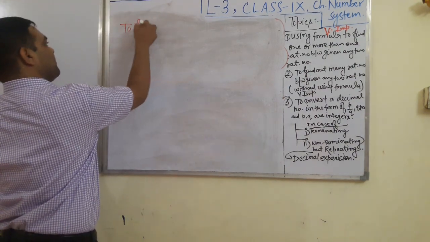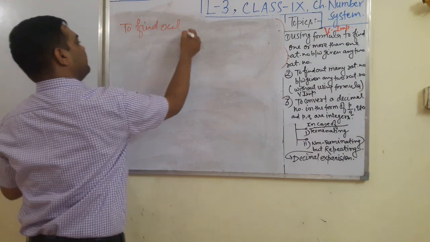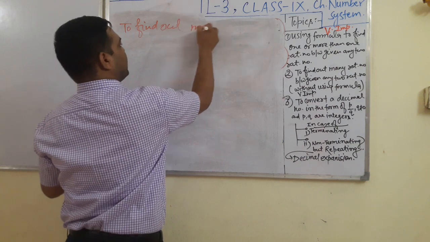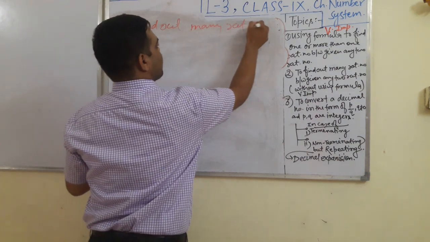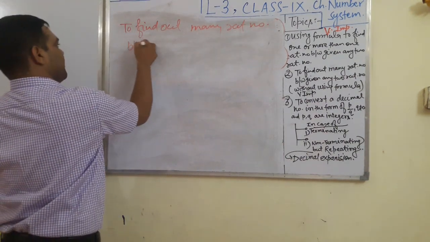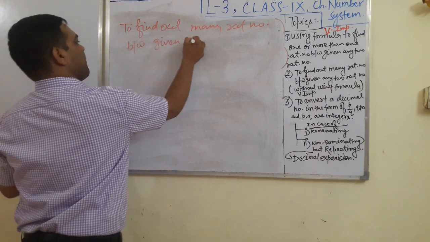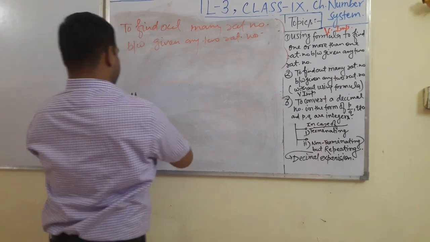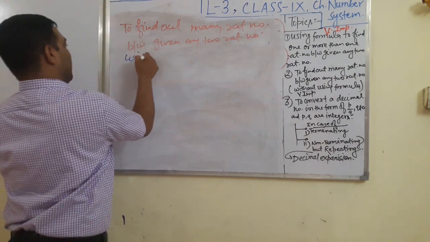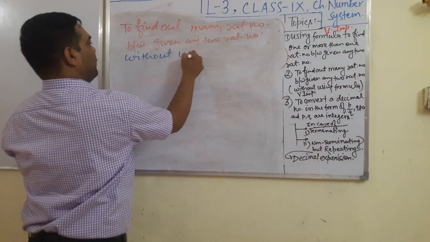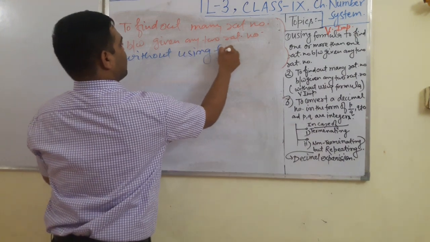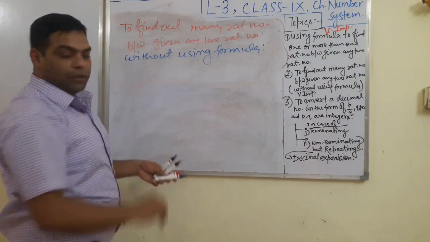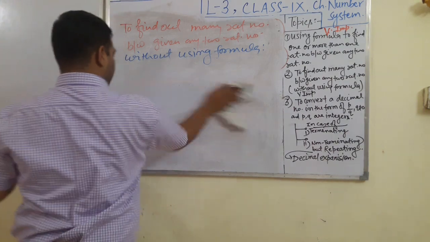To find many rational numbers between any two given rational numbers without using a formula, see, students, how to find them. I am telling you easily, try to understand.